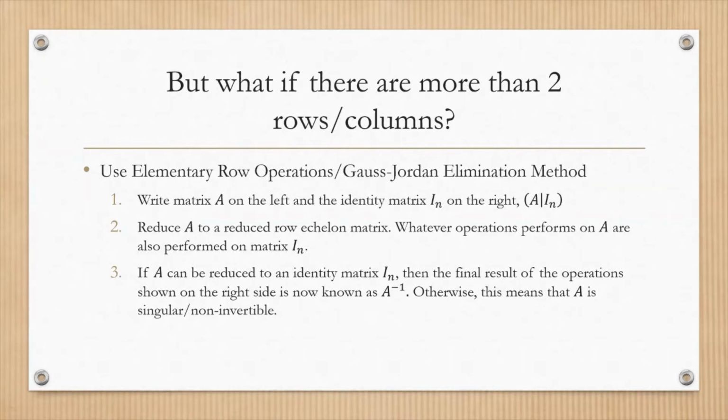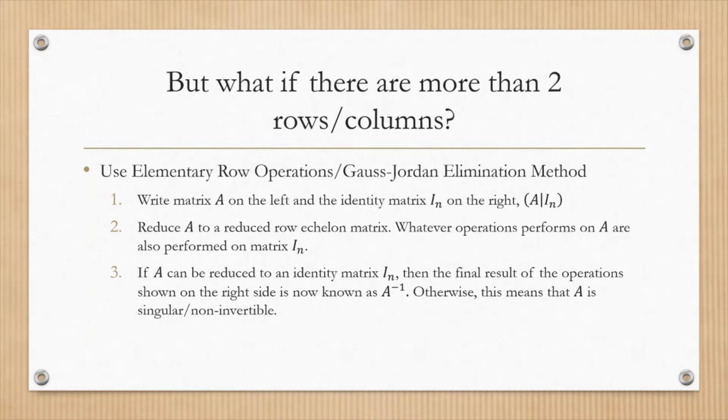The second step is that we reduce A to a reduced row echelon matrix. Whatever operations we perform on matrix A are also performed on matrix I_n, the identity matrix. We reduce A until we get an identity matrix. If A can be reduced to an identity matrix, then the final result of the operations shown on the right side is known as the inverse of that matrix.